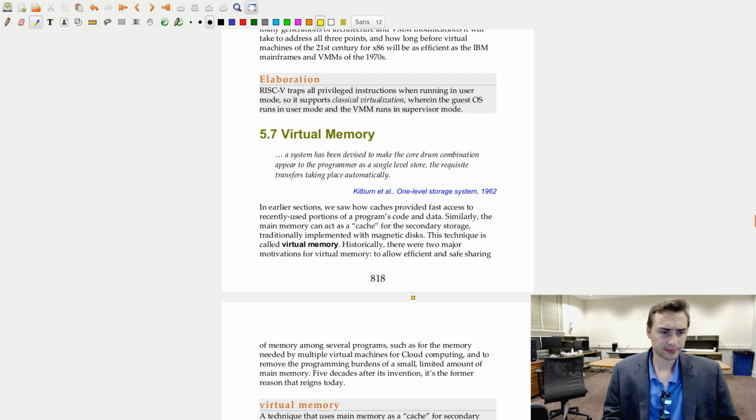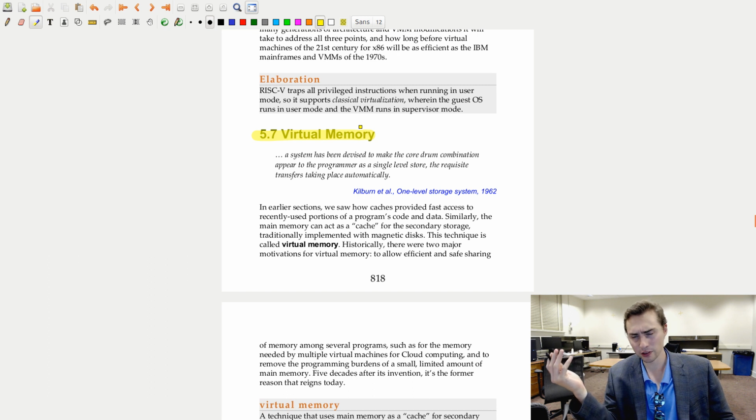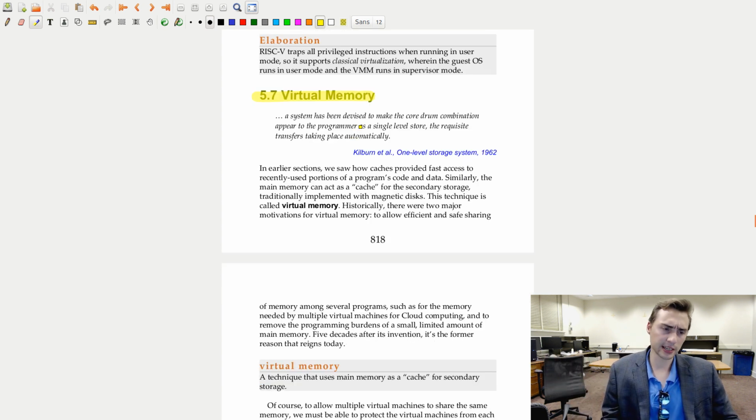Okay. So we should talk about virtual memory too. Virtual memory enables so many things, and it relies upon the idea of precise interrupts, but itself is very interesting.